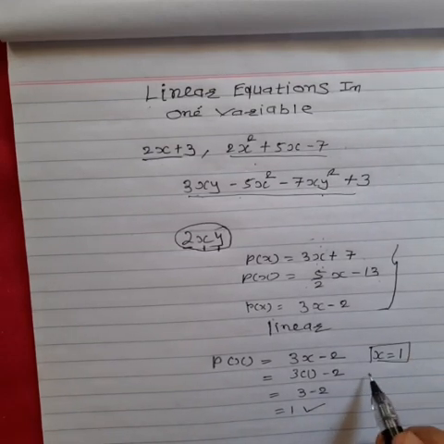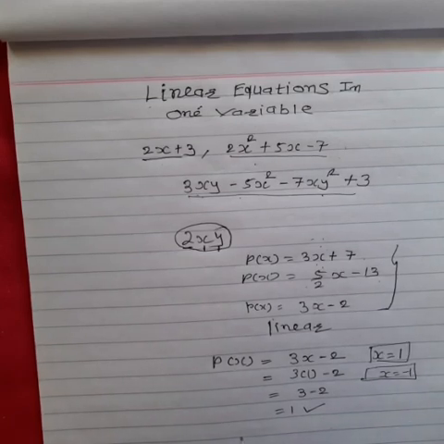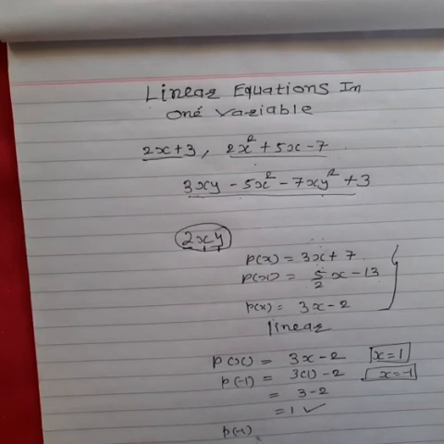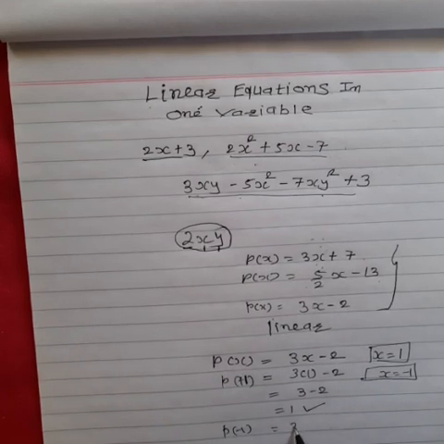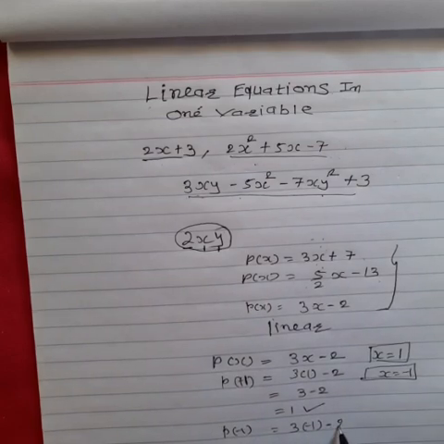Now if you take x is equal to minus 1, then what do you get? 3 into minus 1 minus 2: 3 ones are 3, but with the minus sign, minus 3, minus 2, that is minus 5.